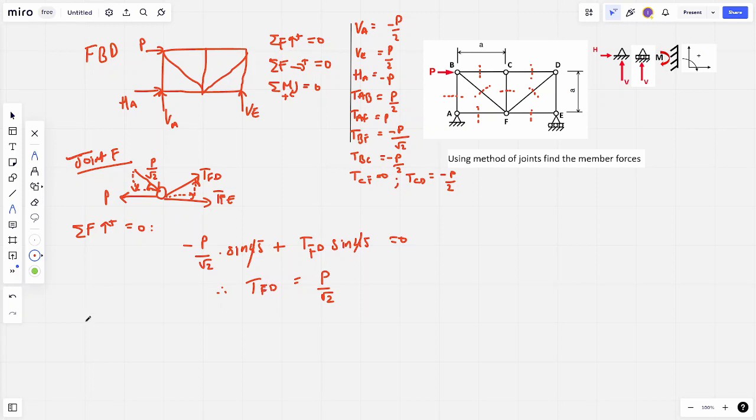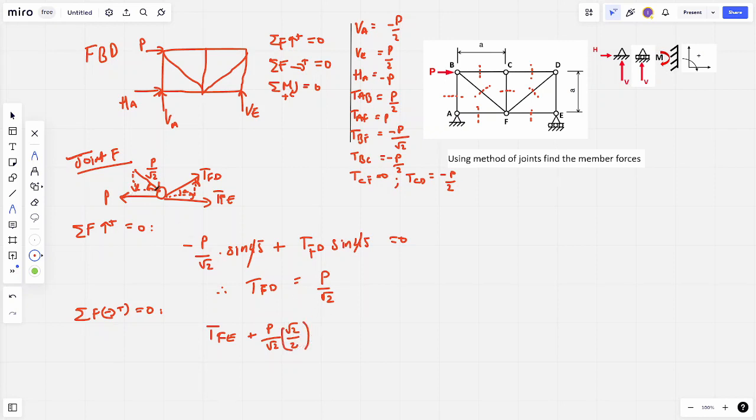That's F. Now if we look at the forces going to the right, equal to 0, so we've got TFE, which is the bottom element here, plus TFD, and the horizontal component, which we've just worked out as P over root 2 times cos 45, which is, well, we already know as root 2 over 2, so we just add that in straight away, root 2 over 2.